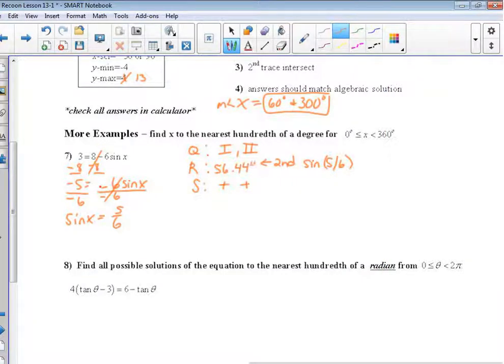Now if you look here, it says to the nearest hundredth of a degree. So in quadrant 1, the measure of angle x is 56.44 degrees. And in quadrant 2, I'm going to do 180 minus 56.44, which on the calculator, I'm going to do 180 minus second answer.